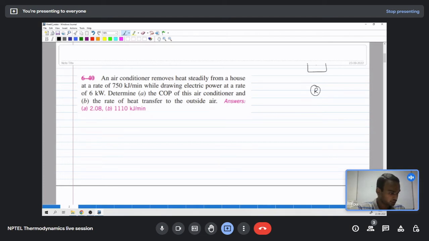So we have a high temperature reservoir and a low temperature reservoir, and work is supplied to the refrigeration system, and the heat removed from the air conditioned room is 750 kJ per minute. To convert it to kilowatt, we have 750 by 60.